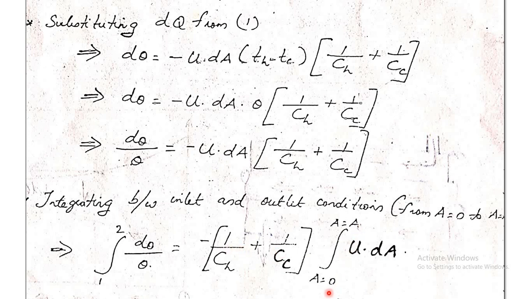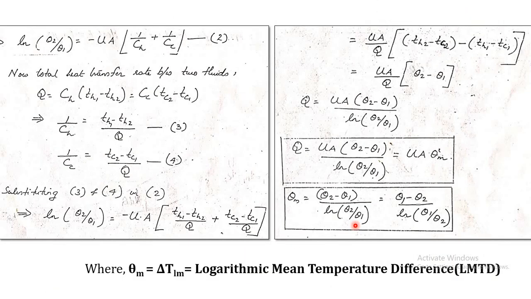And apply the limit here: area A from 0 to capital A. So on the left hand side you will get ln of theta2 by theta1, the temperature difference at exit by that at inlet.